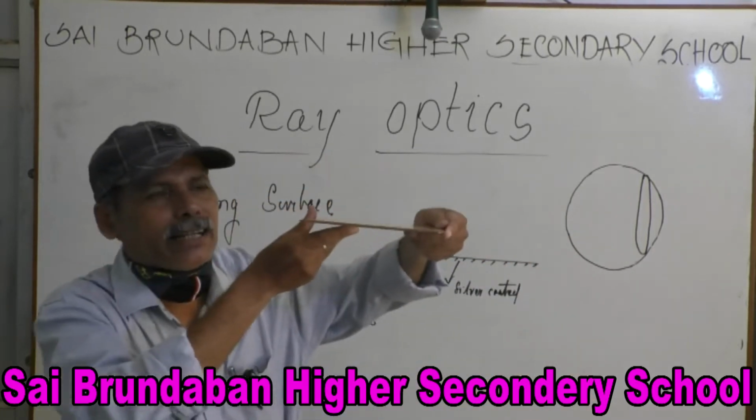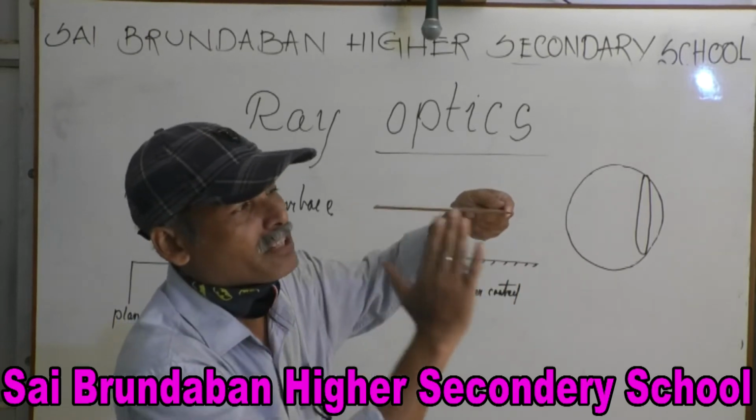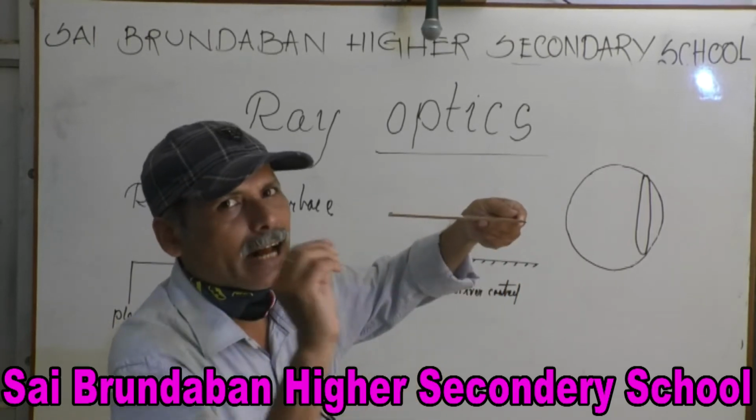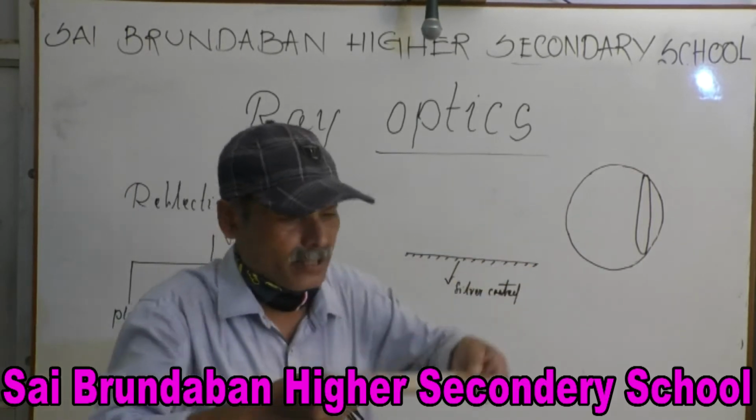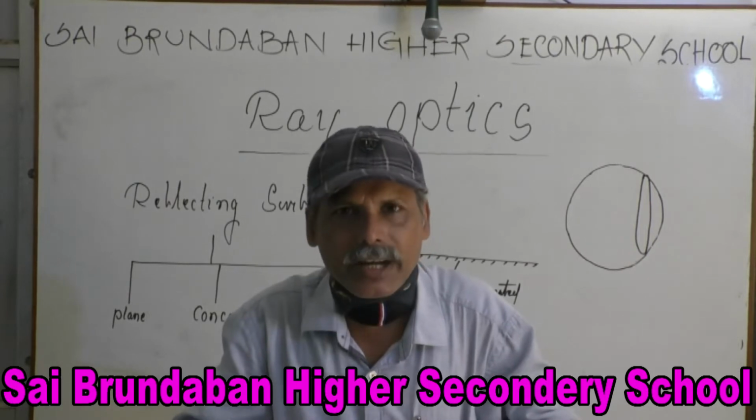And from the side, it appears to be a line. If you look from the side view, this appears to be a line. But the top view is no doubt either a rectangle or a square.